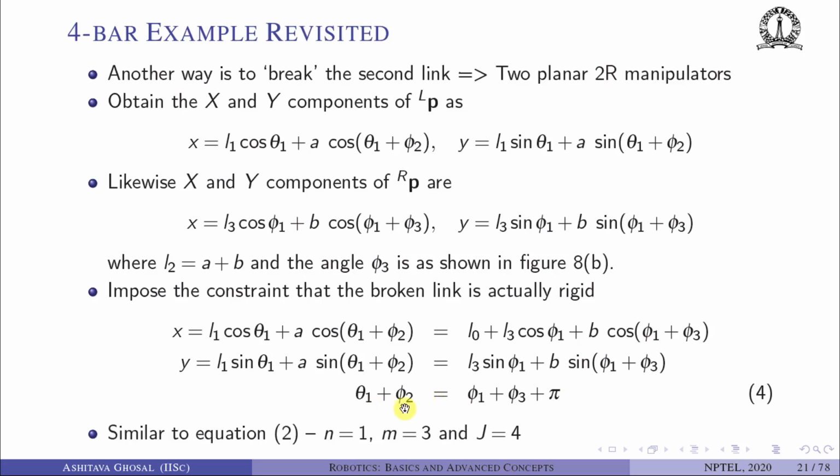So this is similar to the case when we broke it at the third joint. So we have n is 1, m is 3, and j is 4. Why? Because we have theta 1, phi 2, phi 1, phi 3. So all the joint angles appear in these three constraint equations.